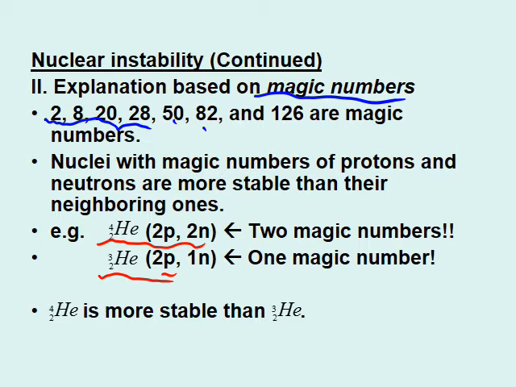If atomic number changes, the identity of the element changes. Okay, so helium-3 would have 2 protons and 1 neutron because the top number is mass number, which is given by number of protons plus neutrons. Now here we have one magic number because 2 represents a magic number but 1 isn't. And between these two, helium-4 and helium-3, helium-4 is more stable.